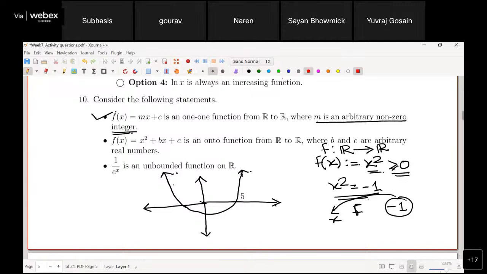If you take any number on the y-axis which is below this red line, then that number is not in the range of this quadratic function, right?